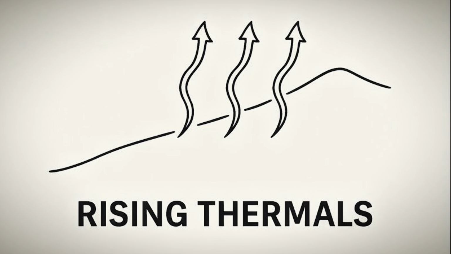Rising thermals. Those are the thermals that happen after the sun has warmed the slope. I hear from a lot of guys, they say, well, I've never heard that, I thought thermals were always rising in the morning. Well, they're only rising after the sun has warmed that spot. If the sun doesn't warm that spot, guess what? You're probably not going to have rising thermals if that slope hasn't warmed up.